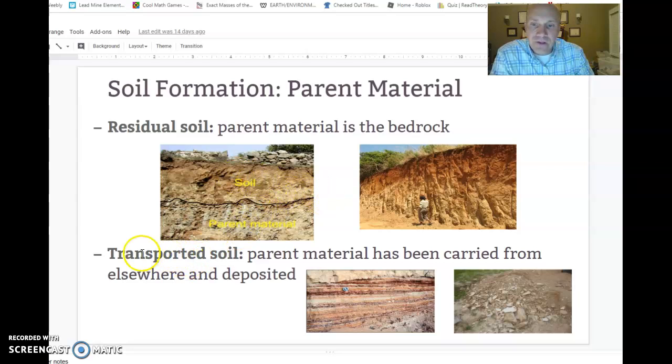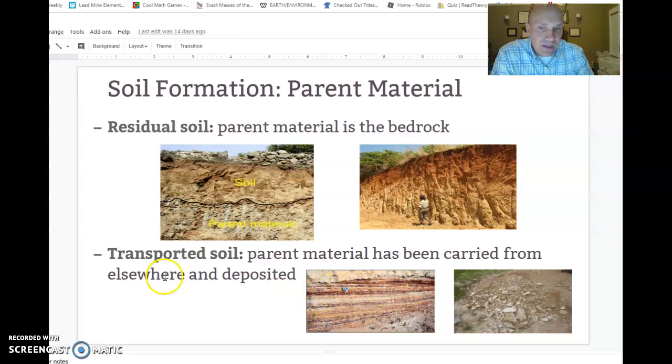The other type is transported soil, and that's when the parent material has been carried from elsewhere and deposited. An example of this would be rocks that are being weathered in the mountains, and some river carries those little bits of rock downstream and deposits them in the ocean.